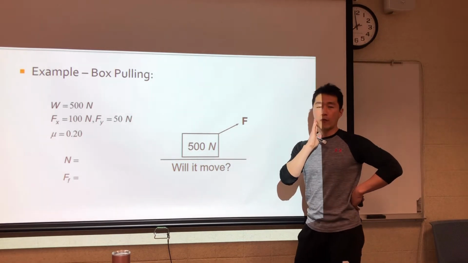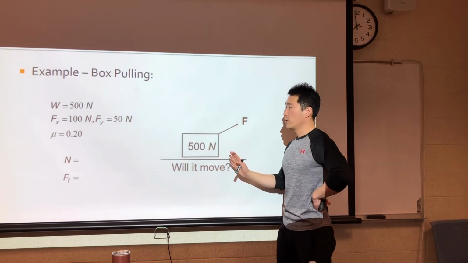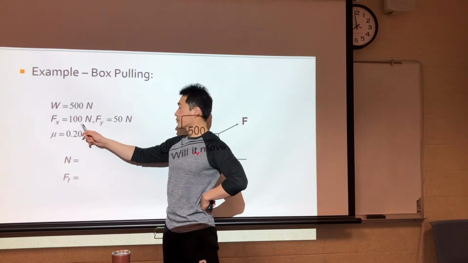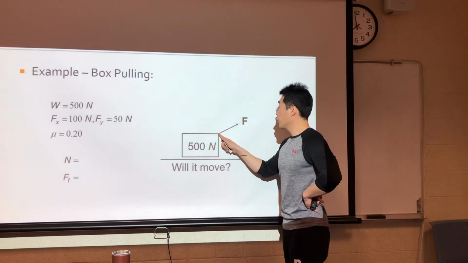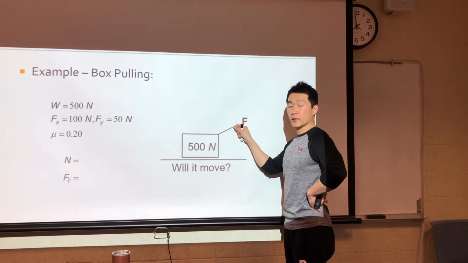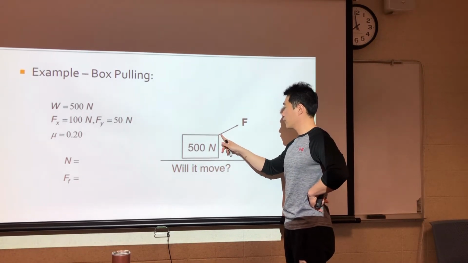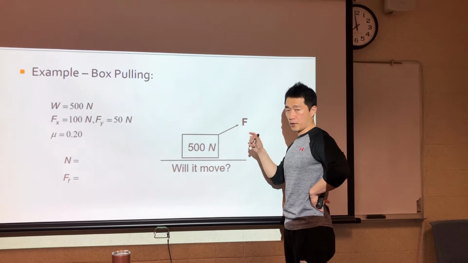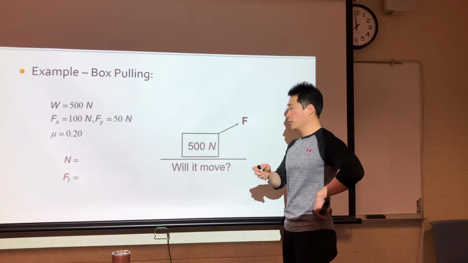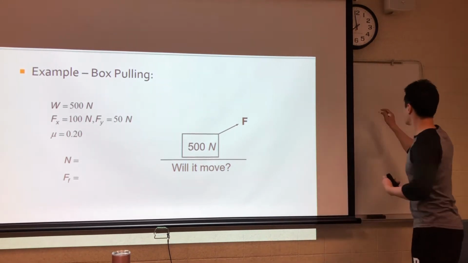But we want to figure out whether we can move this box or not with this amount of force. This force can be broken down into two perpendicular components, horizontal force and vertical force, according to vector resolution as you learned. Which means I can visualize this.